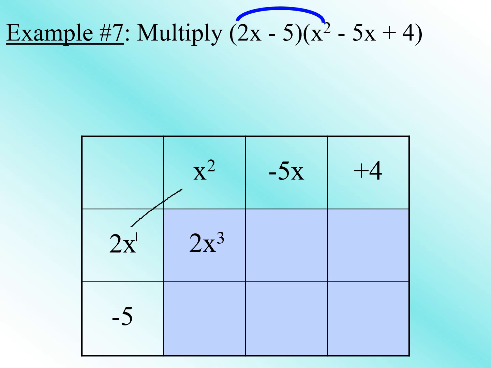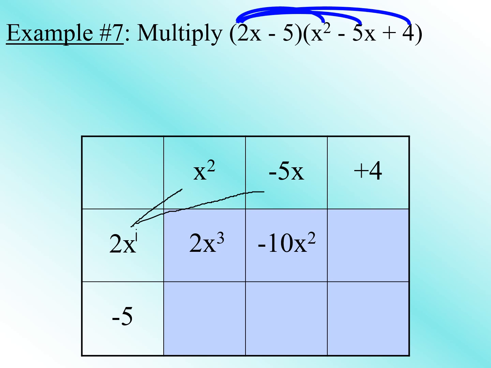Okay, and right after that, we also have to multiply 2x with negative 5x. Wait, allow me to draw this line. Okay, that one. That will give us negative 10x to the power of 2. And again, we have to distribute the 2x with positive 4.